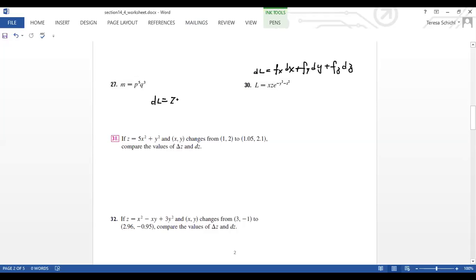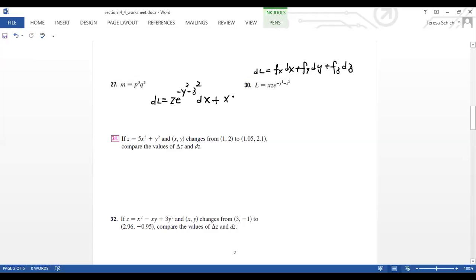So this is z e to the negative y squared minus z squared dx, right? Then minus y plus dy. So xz is a constant, so that would be the xz.